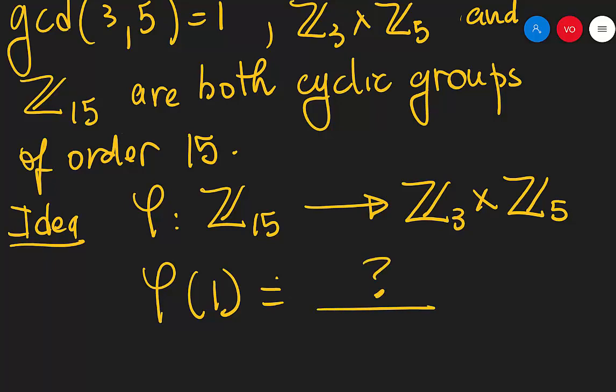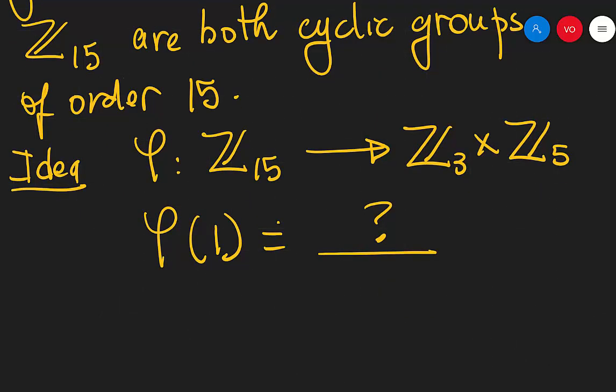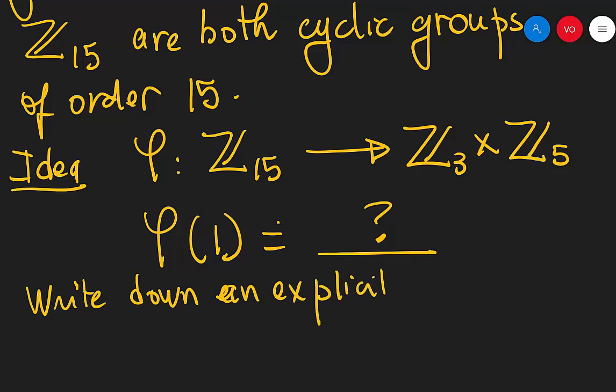If you can identify what you send this to, then all you have to do next is write down an explicit formula for phi.